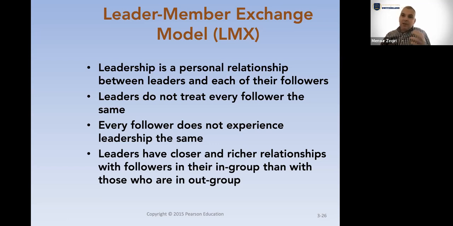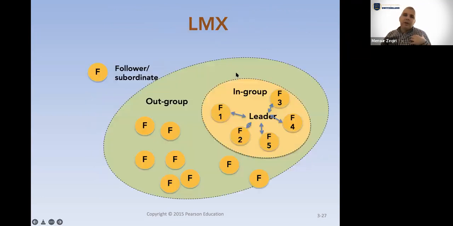So some leaders do have a much better personal relationship with someone within the organization compared to the others. That shows that leaders do have closer and richer relationships with followers that belong to their in-group than those that do not belong to their in-group, which are considered to be the out-group.